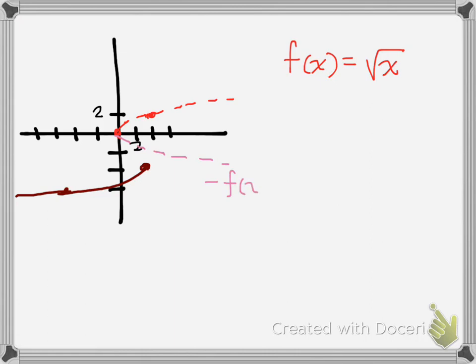Negative f of x, so that's a reflection through the x-axis. Then if I reflect over here through the y-axis, that's going to give us negative f of negative x. Now I'm going to have some horizontal and vertical shifting, and I think I can take that all in one step here. I don't have to do two different steps for that necessarily.